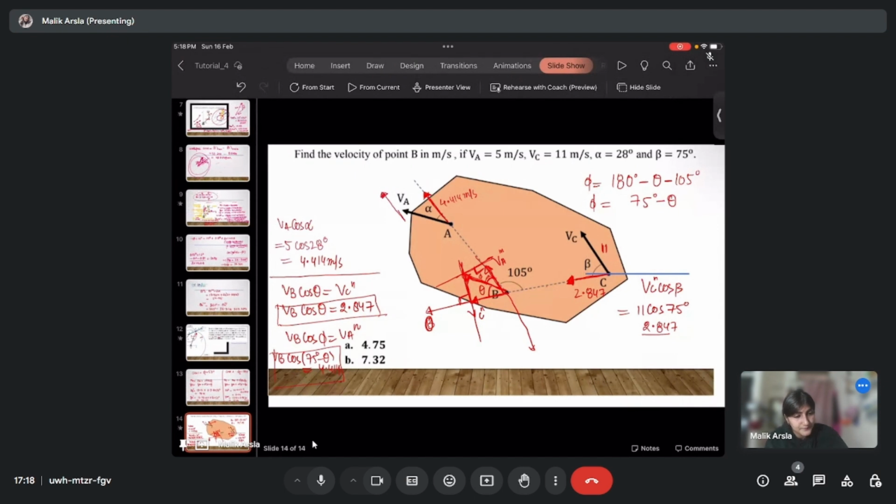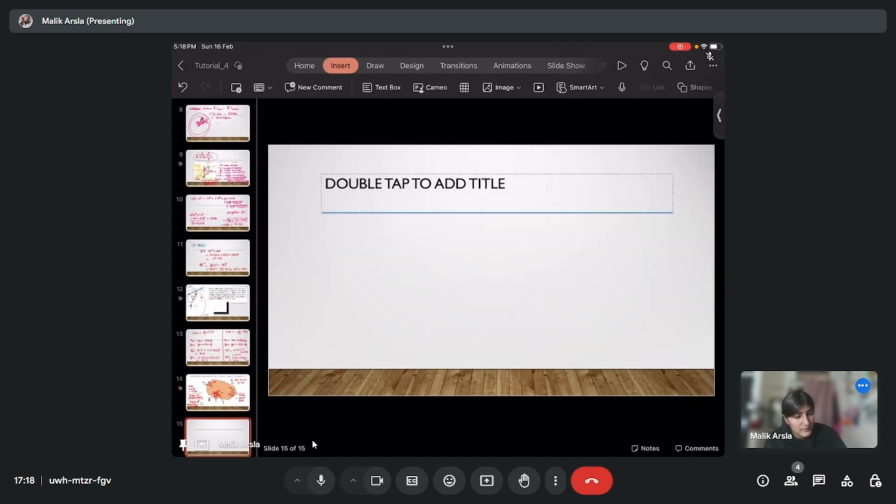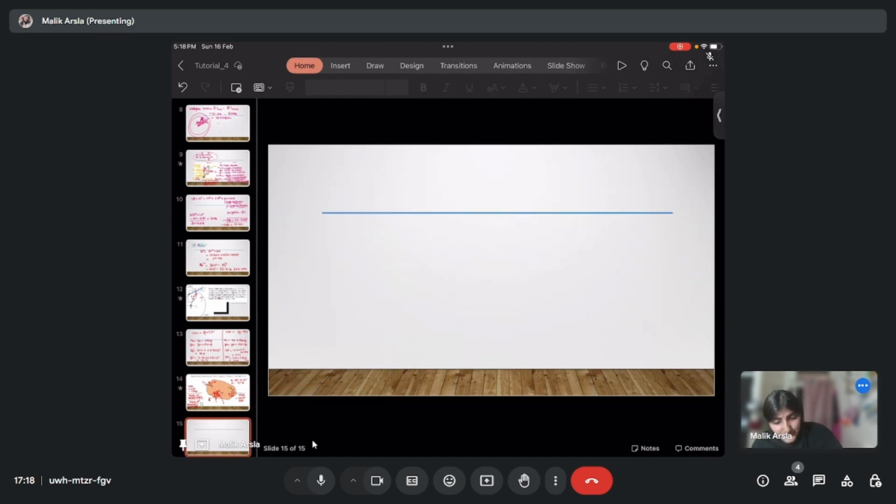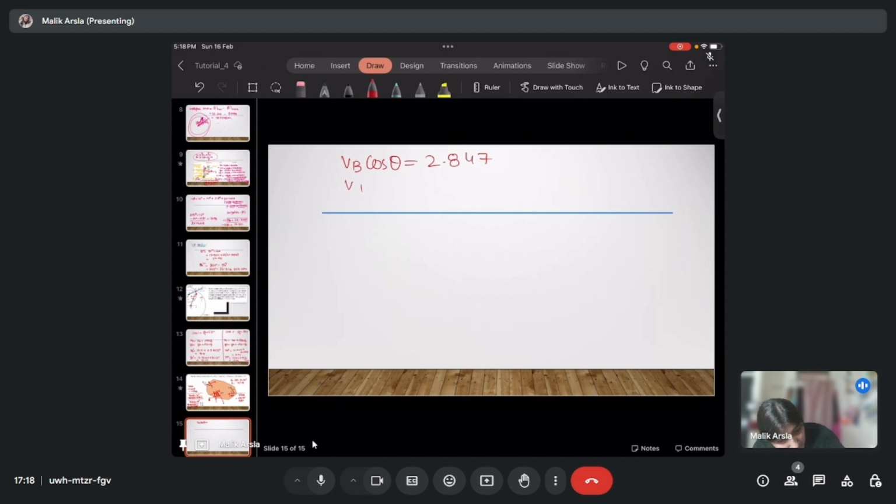Now vb cos theta is equal to 2.847 and vb cos of 75 degree minus theta is equal to 4.414.